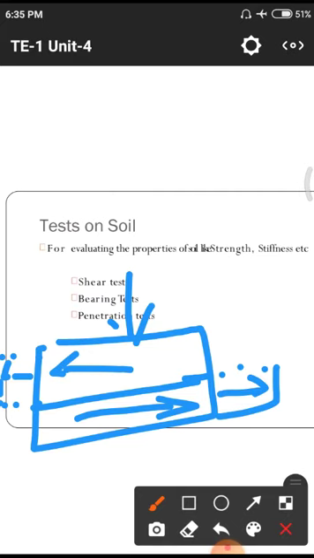Normally in soil there may be some layers. Why? Because we have different climatic conditions every year with respect to temperature and natural conditions. Normally in one year, that means 2019, we had some quantity of rainfall.